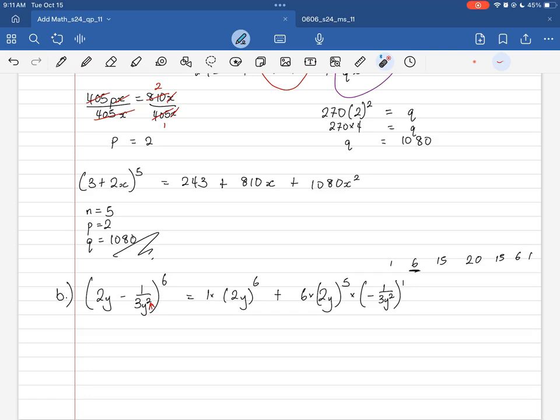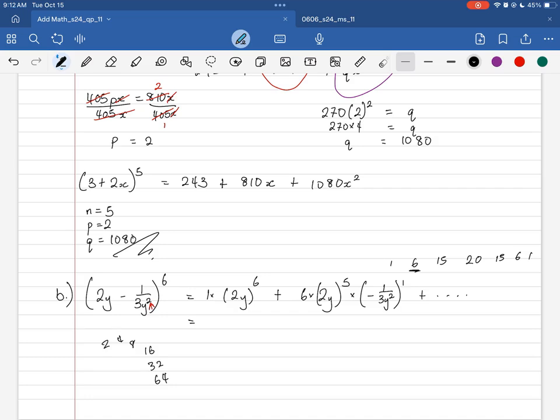Now let's solve this and see. I'm going to write dot dot dot because it goes on. I want to solve this to see if we can get a constant, a number independent of y. If we don't get it, we can always continue. So here we have that 2 to the power 6 is, let's see, 2, 4, 8, 16, 32, 64. 2 to the power 6 is 64.